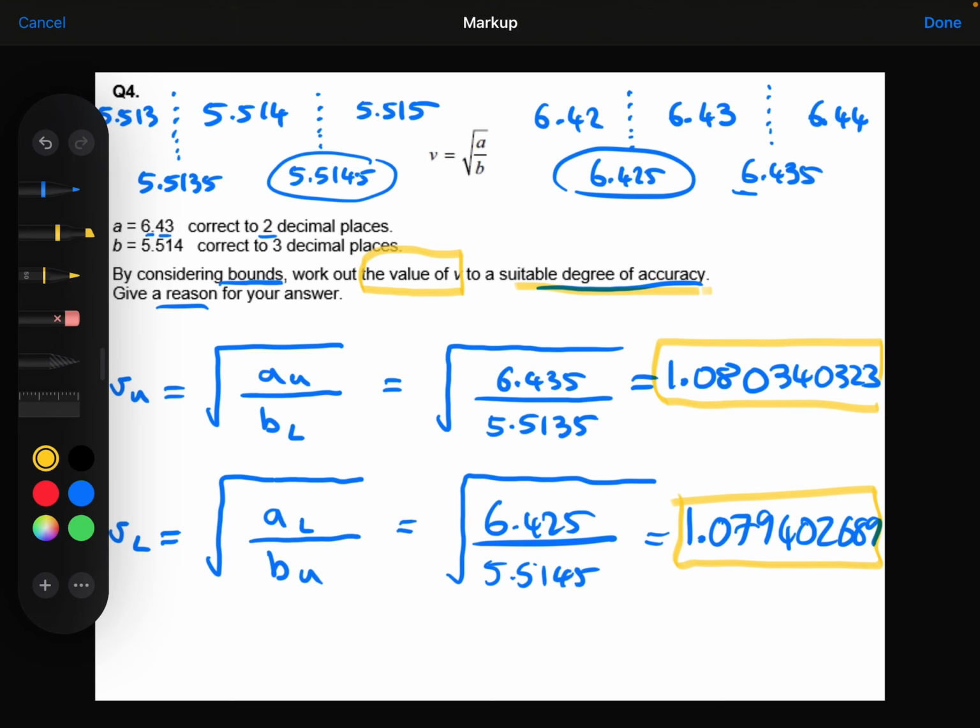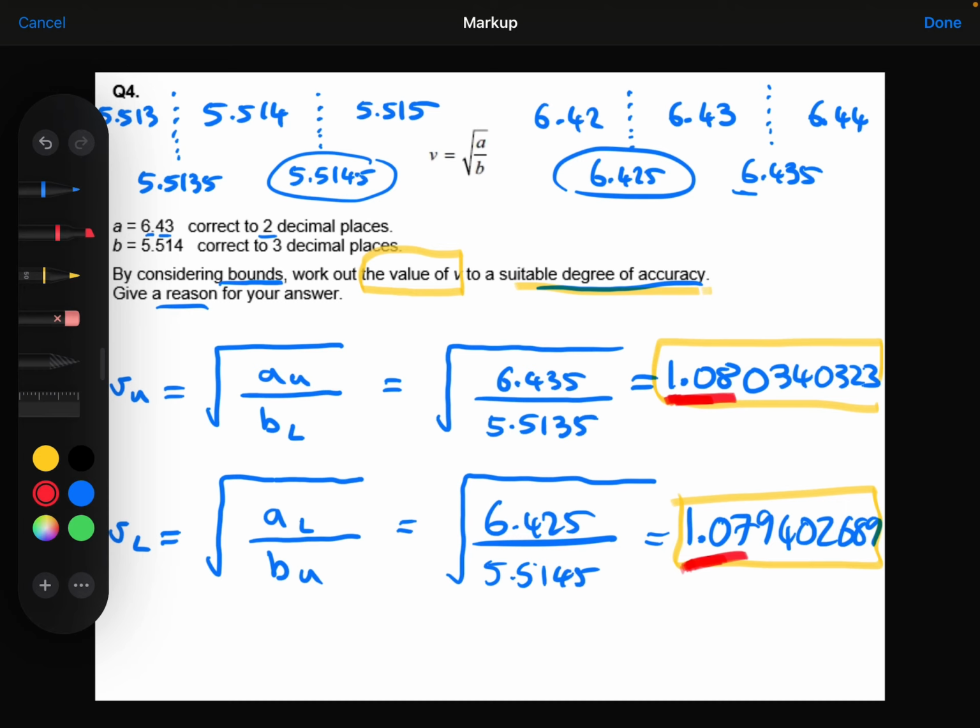We can see that both of these numbers would round to 1. But we can be more accurate than that because we can see that they would also both round to 1.1 if we rounded to 1 decimal place. We could be even more accurate than that because both of these numbers would actually also round to 1.08 to 2 decimal places.